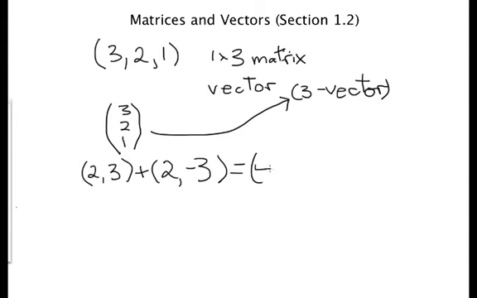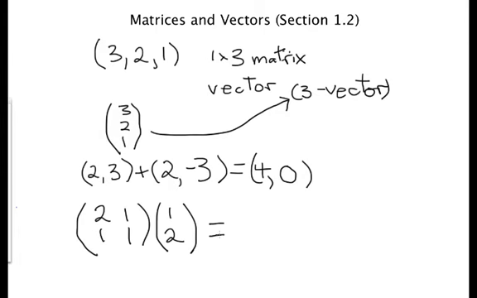2, 3 plus 2, minus 3 is 4, 0. And the way you multiply a matrix times a vector is just a special case of matrix multiplication. 2, 1, 1, 1 times 1, 2.